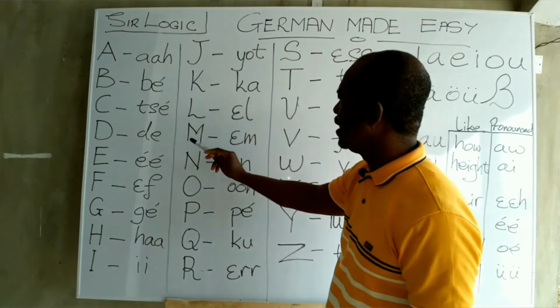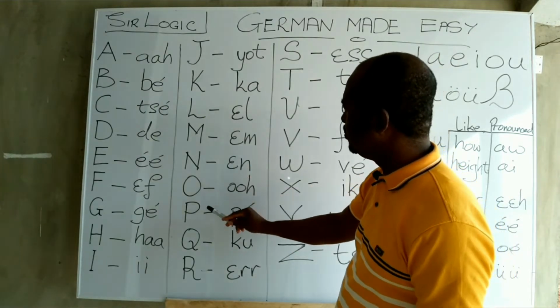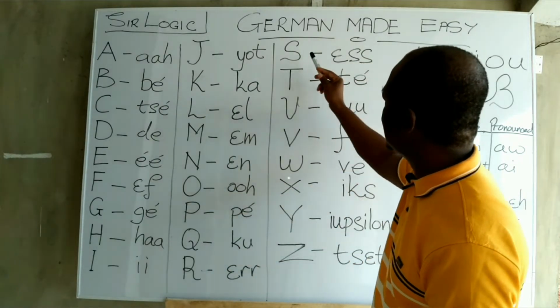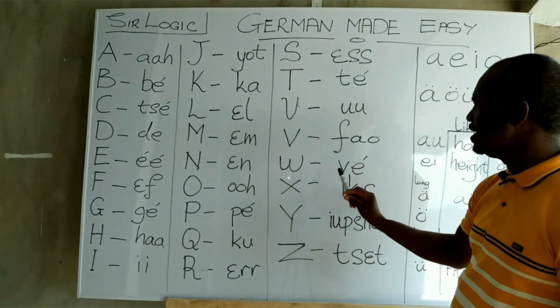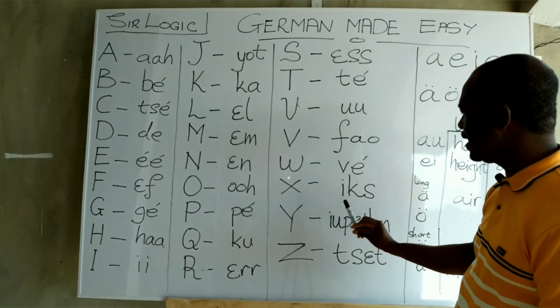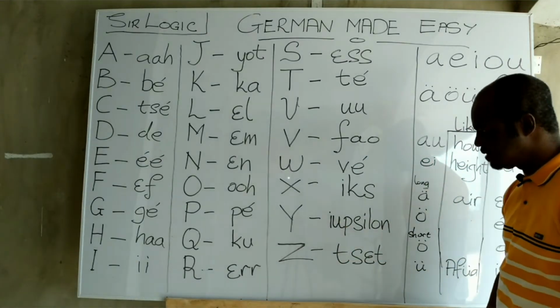K remains K. L remains L. M, N, O, P, Q, R, S, T, U. V changes to F, W changes to V, and X remains X. Y remains Y, and Z remains Z.